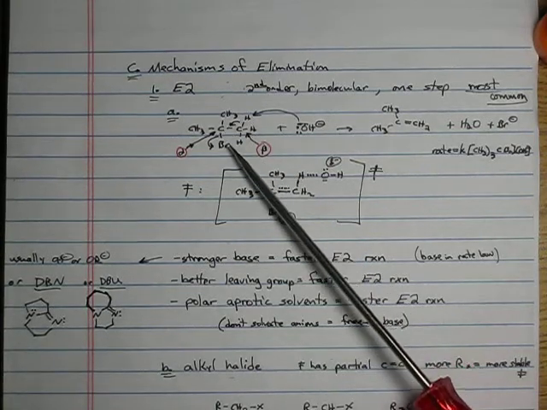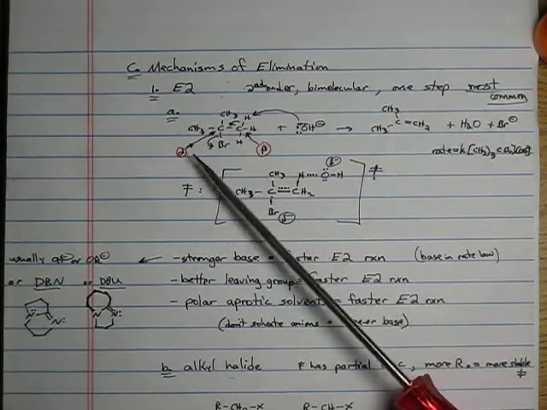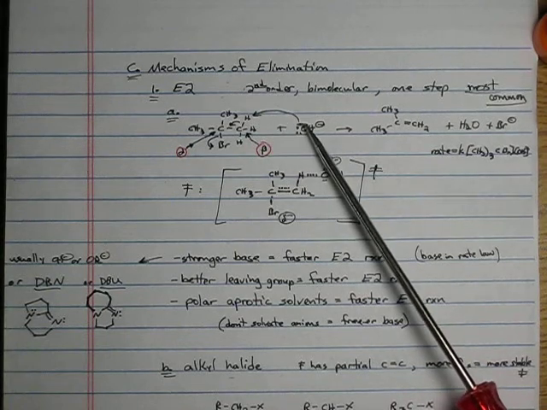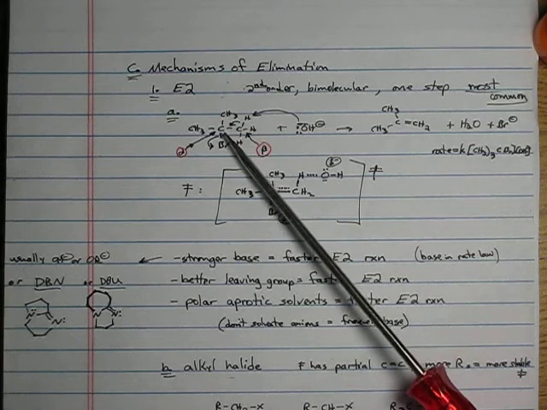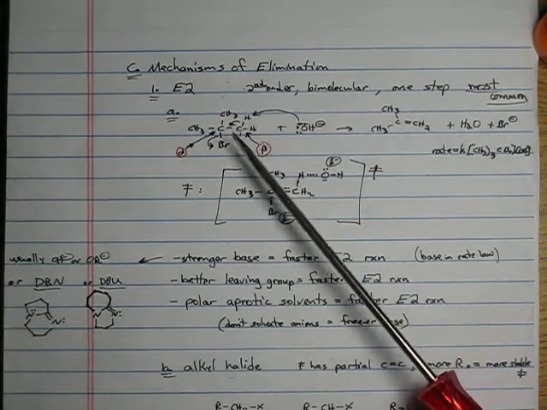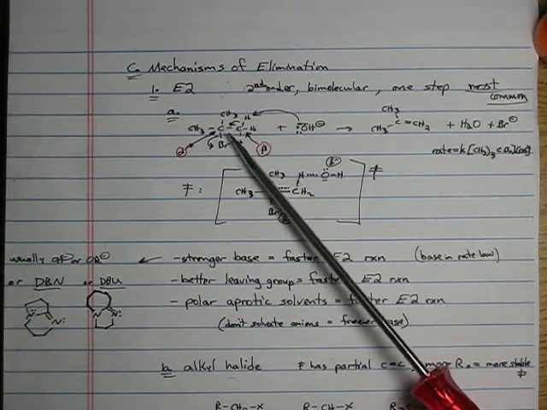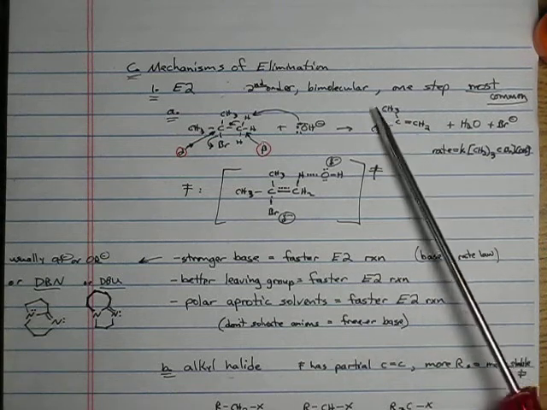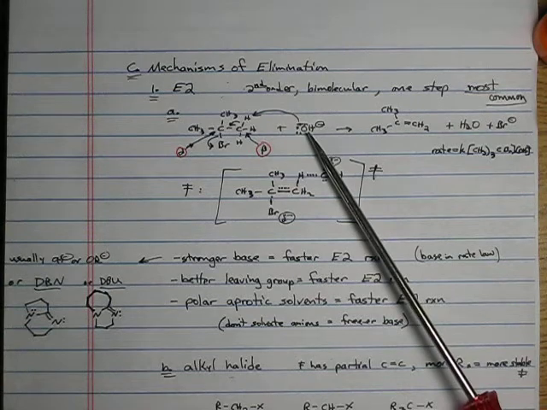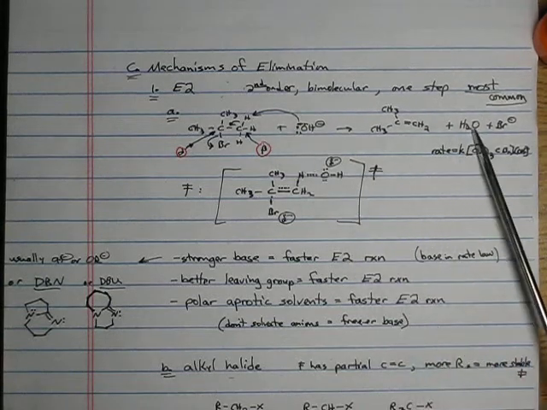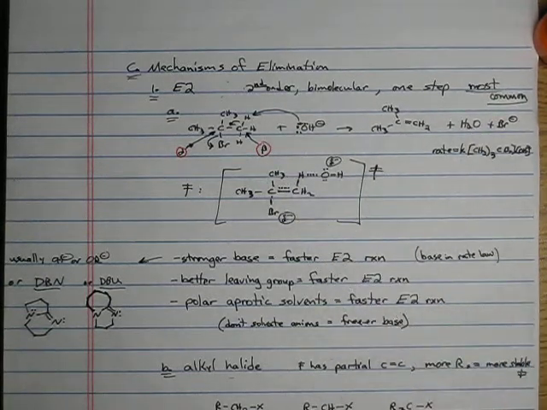Note this carbon has the leaving group on it, which leaves; that's the alpha carbon. The base attacks the beta hydrogen, and so we end up with a double bond between these two, one hydrogen gone, the bromine gone, and here is our alkene. Note the base hydroxide took a hydrogen, becomes water, and we've got the bromide.